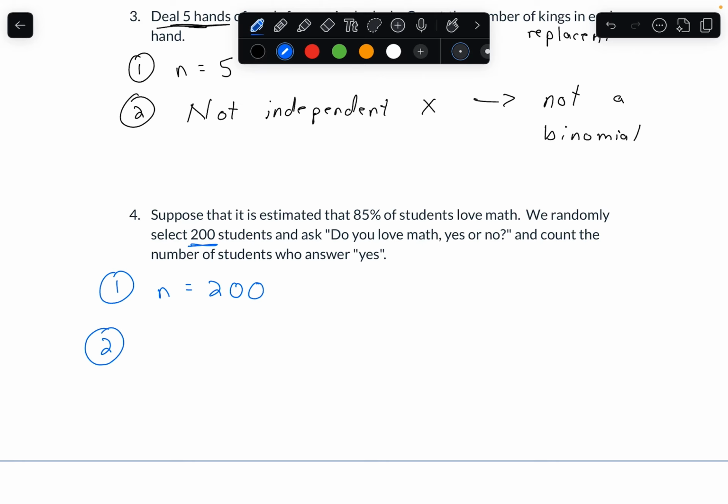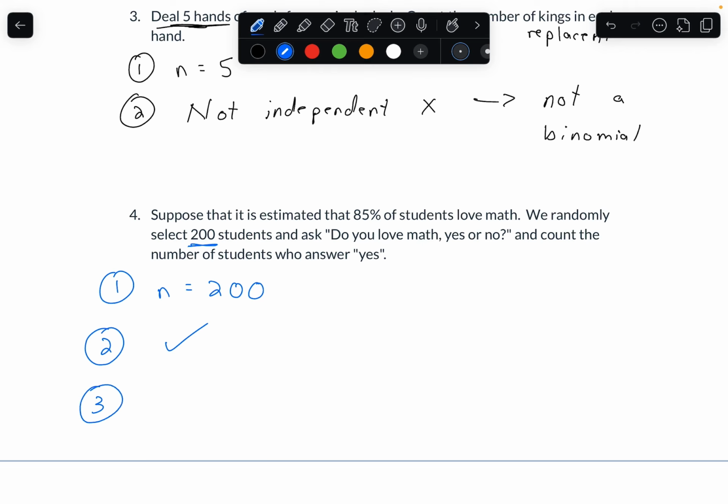Next one, independence. This one's perhaps a little bit tricky. I'm assuming I'm going to pull from a large population, and in situations like this, if you're working with a very large population, it's pretty safe to assume that the students that we select are independent of one another. So we can go ahead and assume that these are going to be independent in this case.